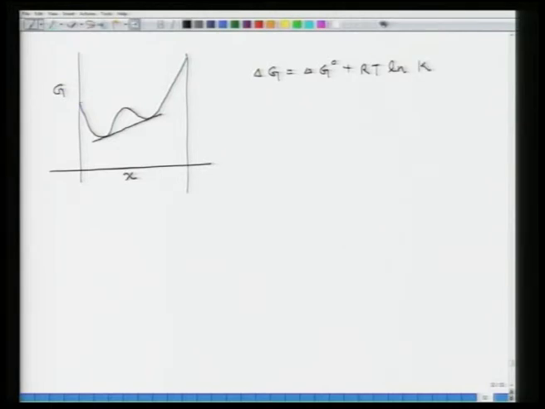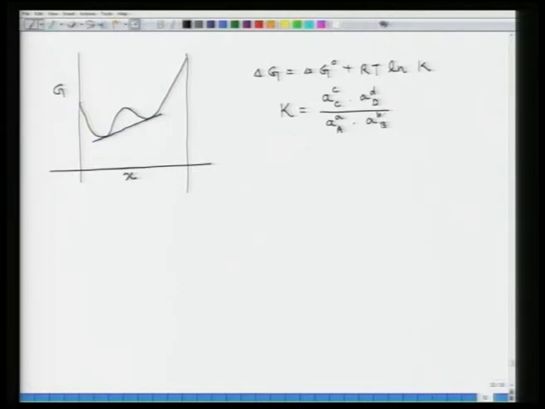Now, what is K? K, as we know, is the activity of A to the power A into the activity of B to the power B. We have to write the product on top: activity of C to the power C into activity of D to the power D, divided by activity of A to the power A multiplied by activity of B to the power B. Okay.